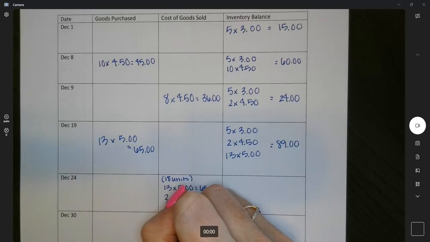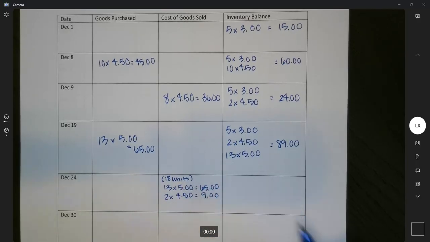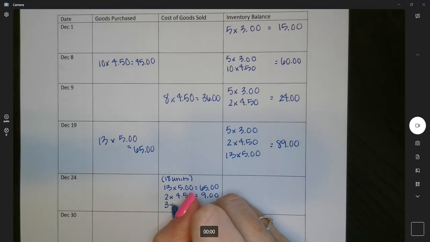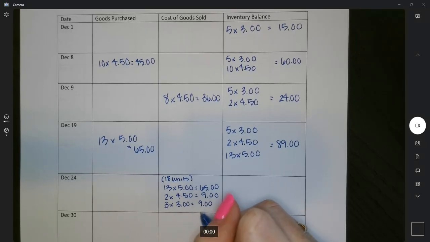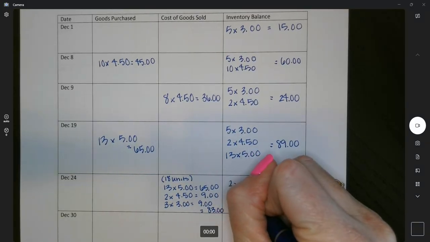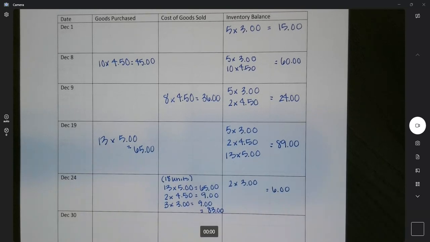And then we have 2 at $4.50, which is $9. And then we have 3 at $3, which is also $9. In total, this is $83. What we have left in our ending inventory is 2 at $3, which is $6.